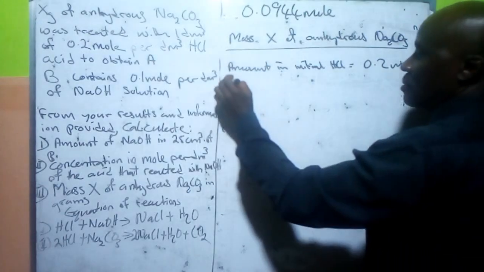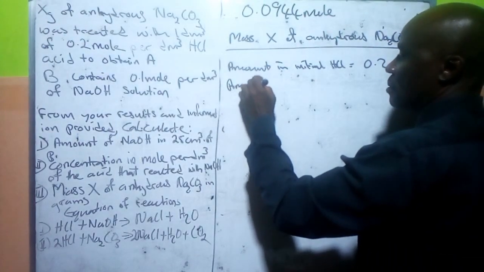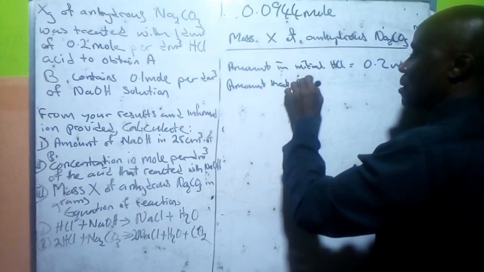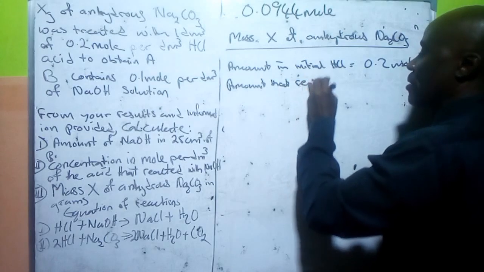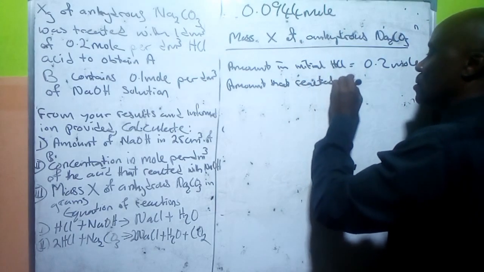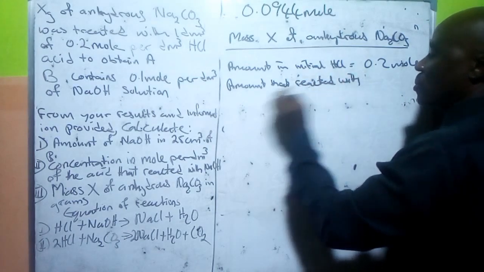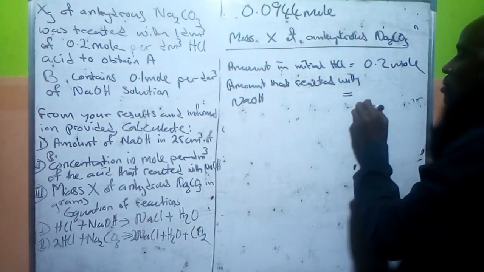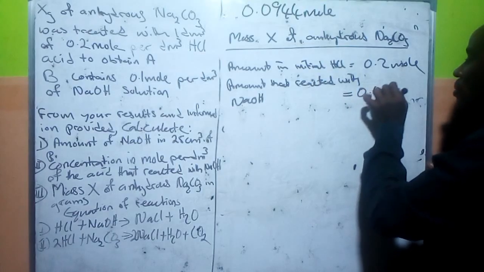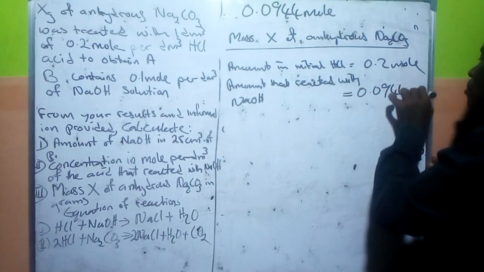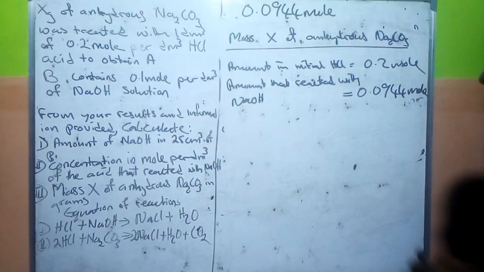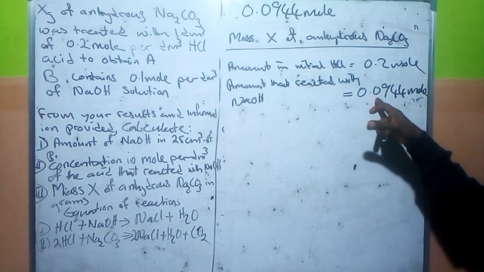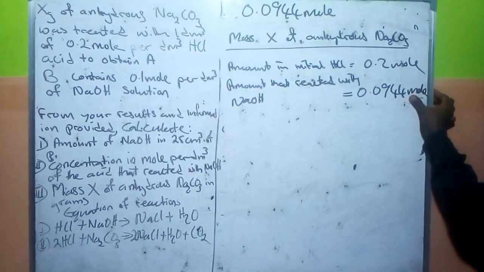The amount that reacted with sodium hydroxide is equal to 0.0944 mole. We are calling back our man in reserve bench into the game, which is 0.0944 moles.